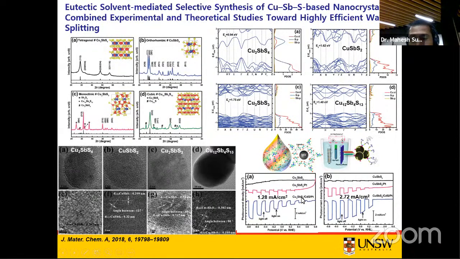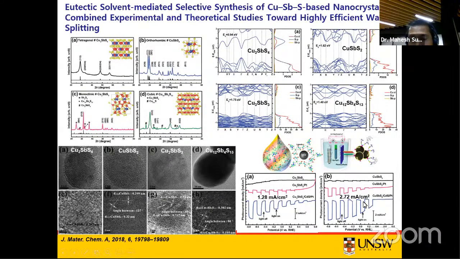After introducing this n-type CdS into both photocathodes, we observed a significant improvement in the photocurrent density, where we achieved about 1.28 milliampere per centimeter square in the case of the Cu3SbS4 photocathode at zero potential versus RHE, whereas 2.72 milliampere per centimeter square in the case of the CuSbS2 composition.